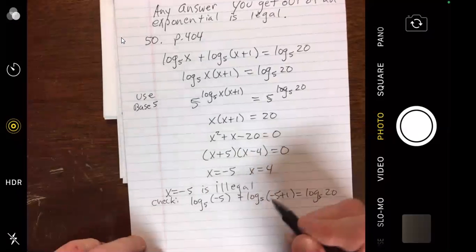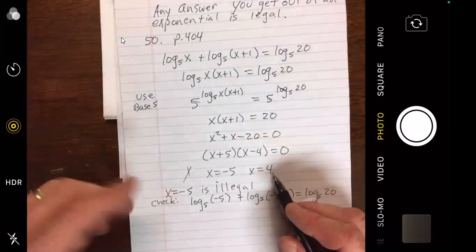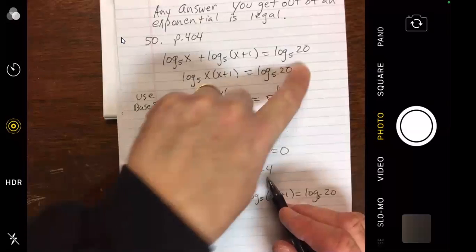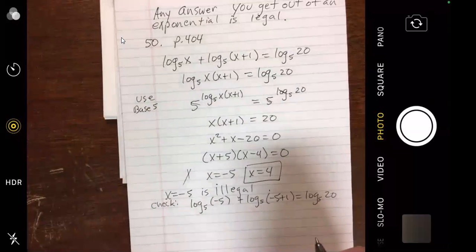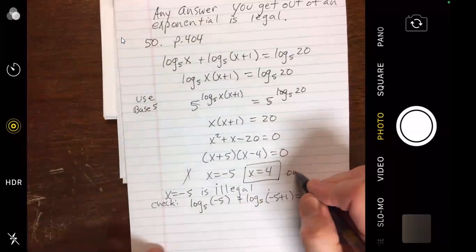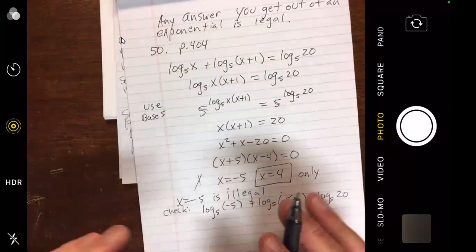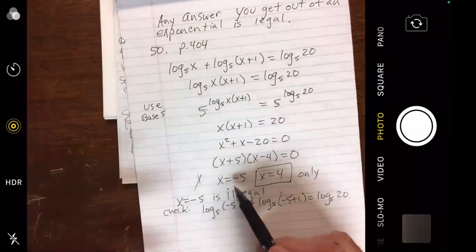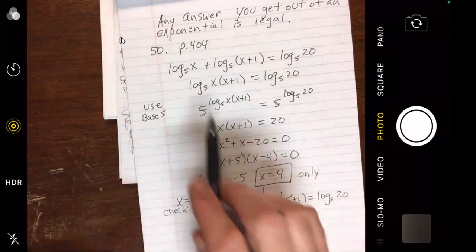So x equals negative 5 is illegal. 4 works though. You don't have to write it down. 4 is positive there. 4 plus 1 is 5, positive there. And yeah, you could show us log base 5 of 20. Only legal answer. And that doesn't mean that all negatives are always illegal, it depends on the problem. I guarantee I could make up a log problem where a negative number would work. It just depends on, does it make the arguments up here negative?